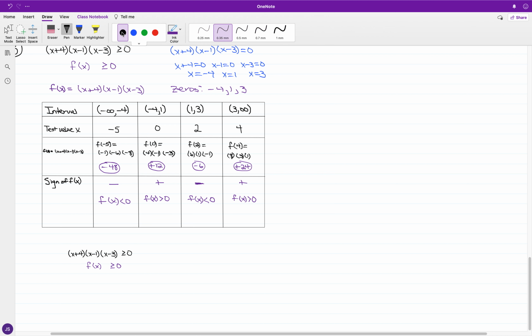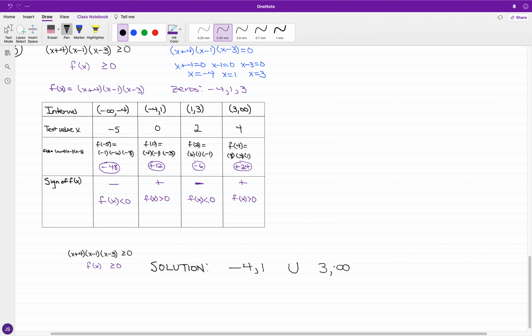So we're involving the same limits. The difference can be in the grouping symbols. We have the same direction, so we're involving -4 and 1. And we have f of x greater than 0, so we're involving 3 and infinity.